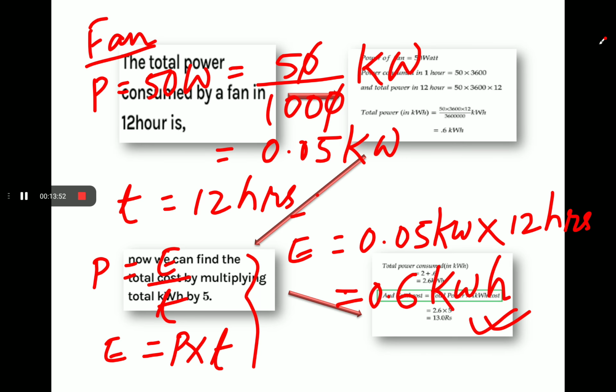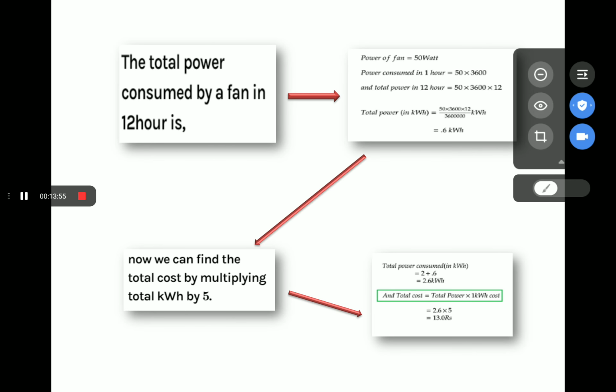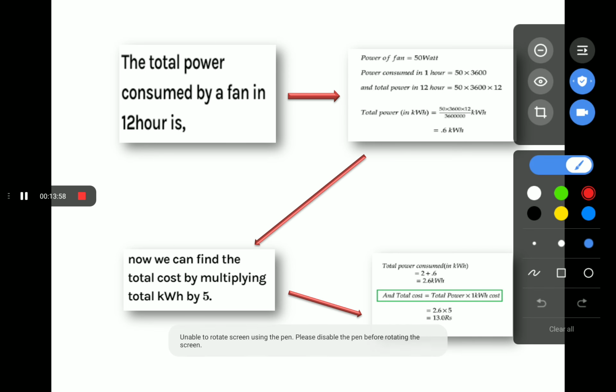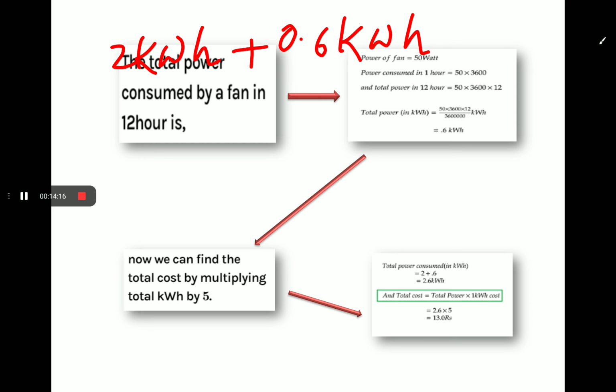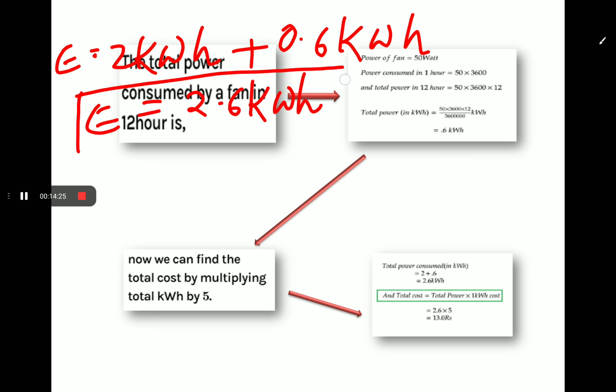So the amount of energy consumed by the refrigerator is 2 kilowatt hour and the amount of energy consumed by the fan is 0.6 kilowatt hour. So the total amount of energy is equal to 2.6 kilowatt hour. This amount of energy is consumed when both devices, a refrigerator used for 5 hours and a fan used for 12 hours, are run.